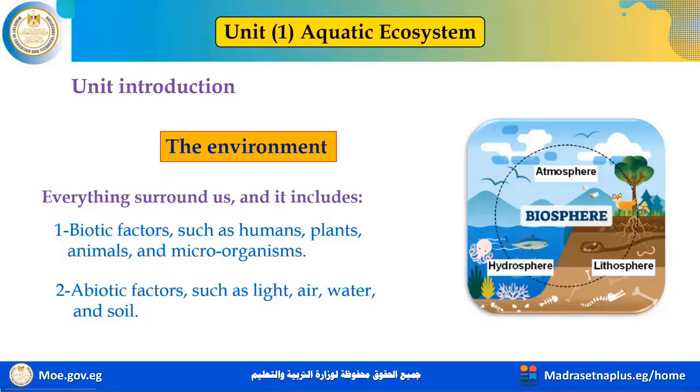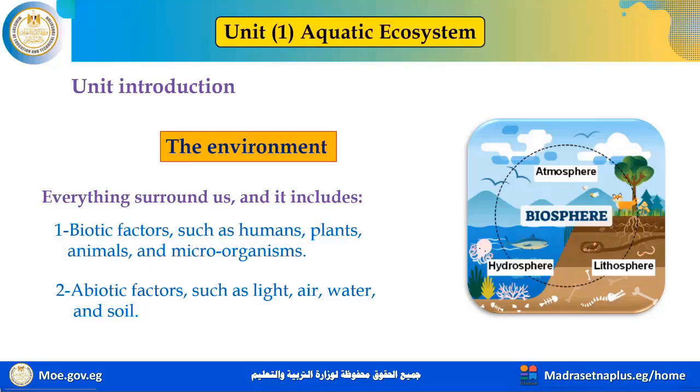Yes, the water of the sea, the land or the soil, the air, good. All of this is called abiotic factors. So the environment is everything surrounding us, and it includes biotic and abiotic factors. I hope this is clear for all of you.